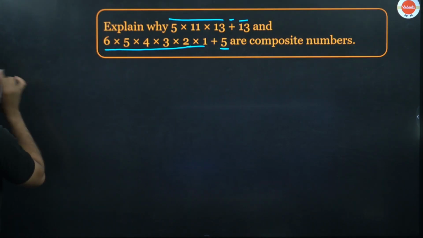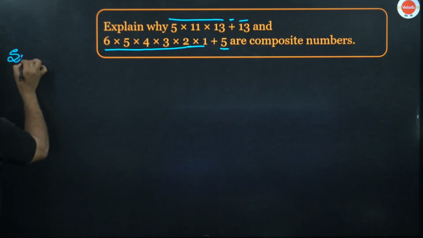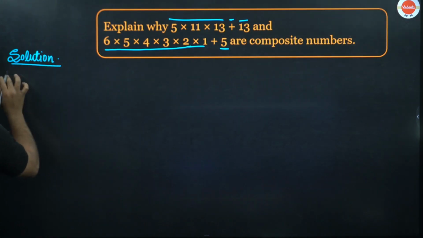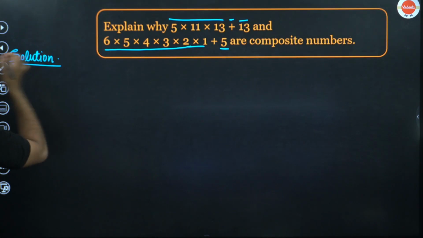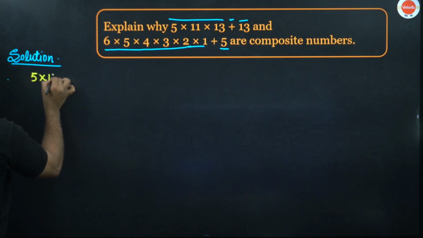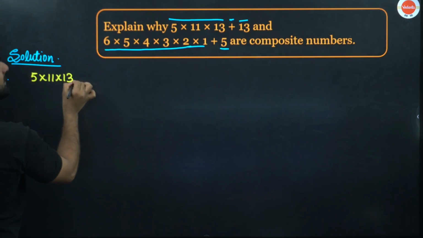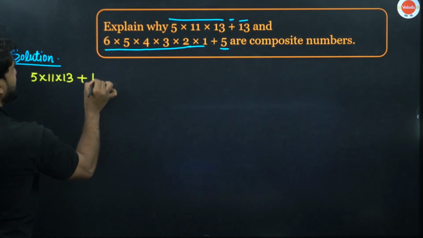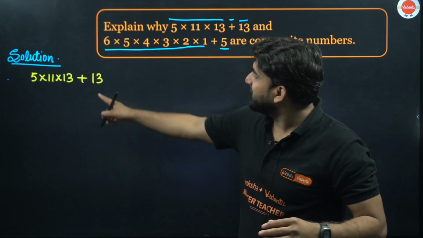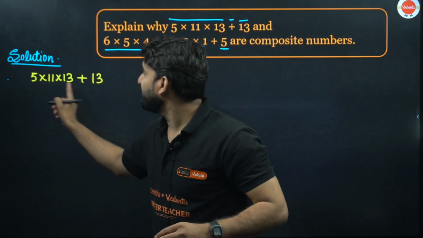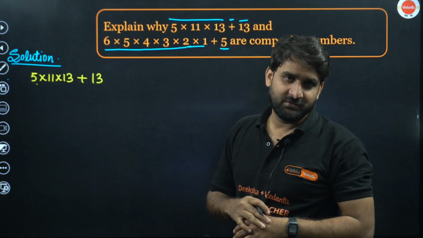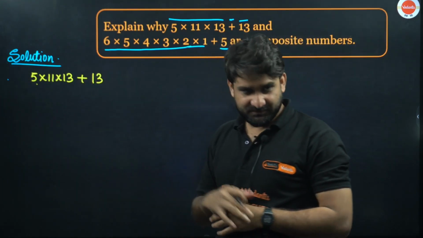So look at the first number. I am doing the solution here. Please everyone focus. First number: 5 into 11 into 13 plus 13. This is a plus sign, so this is a single family and this is the second family, and the operation is plus.